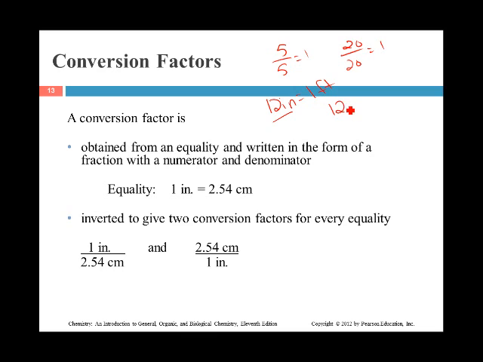If I say 12 inches over 1 foot, these are the same lengths, just written differently. So it's actually being divided by itself. It's being divided by something that's equivalent. So that's going to be equal to 1. If we have 3 feet is equal to 1 yard, I can say 1 yard divided by 3 feet is equal to 1 because those are the exact same amount.